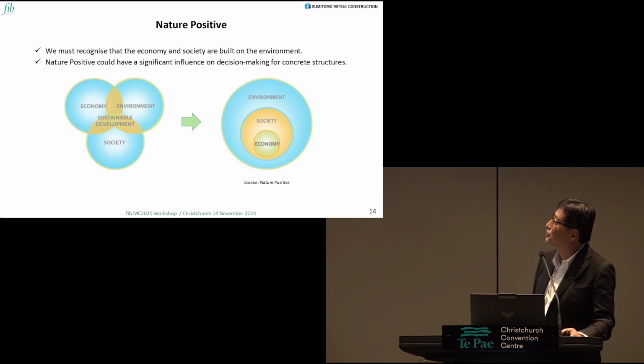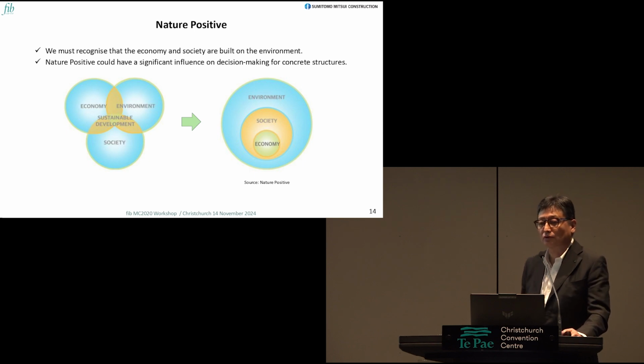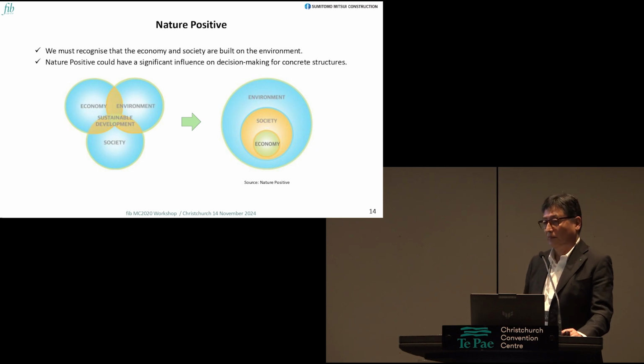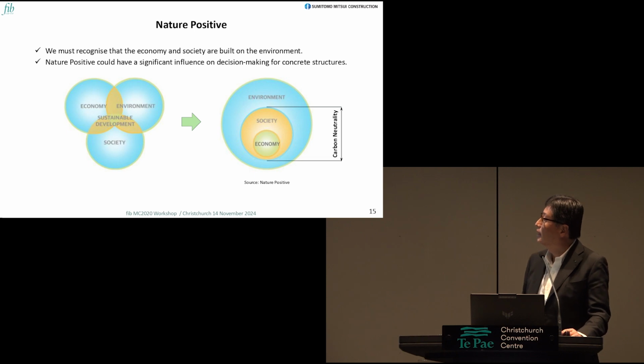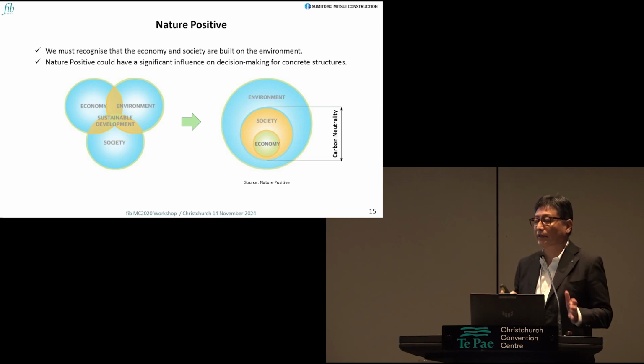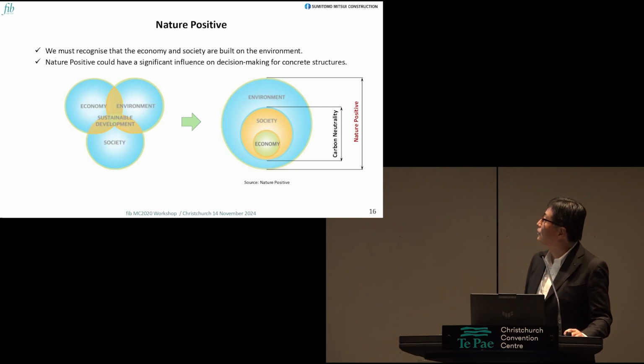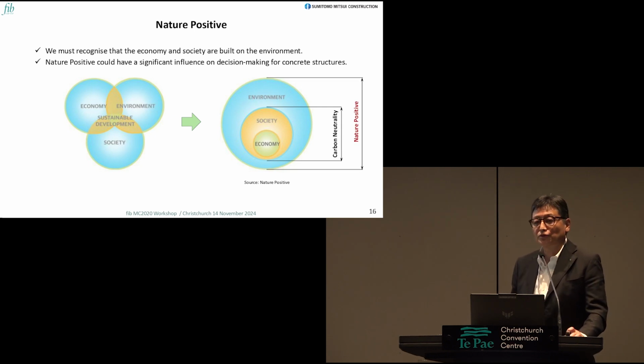Nature positive could have significant influence in the process of decision making. I think this is a very interesting proposal. And carbon neutrality is mainly focused on the economy and society, because of human life. And nature positive includes all of them. So we have to think about this proposal.